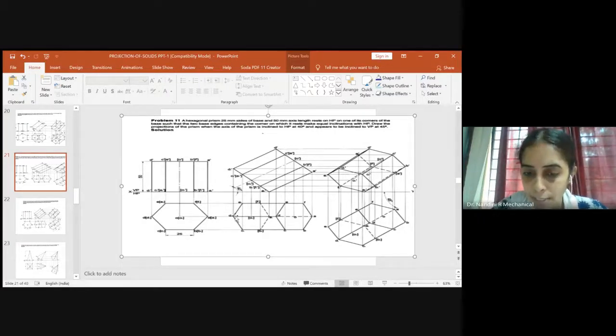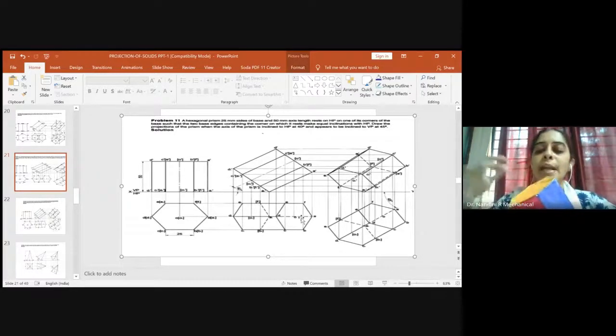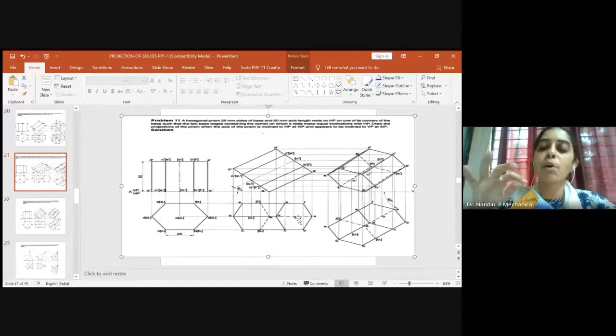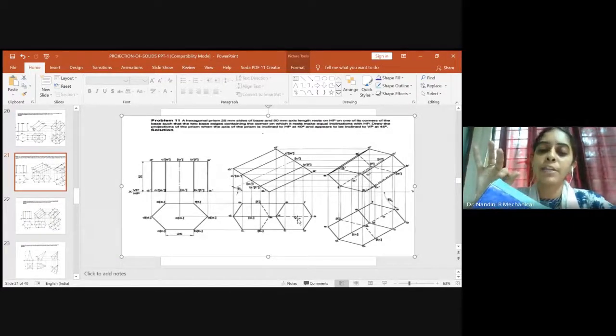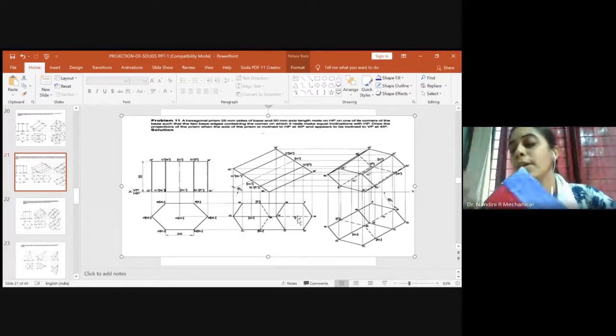Along with that, you have one more side, the back side. When it has been inclined in this way, the top corner edge will be visible, so A to D to D1 was visible. Similarly, you have the opposite corner from A to A1, which will not be visible.